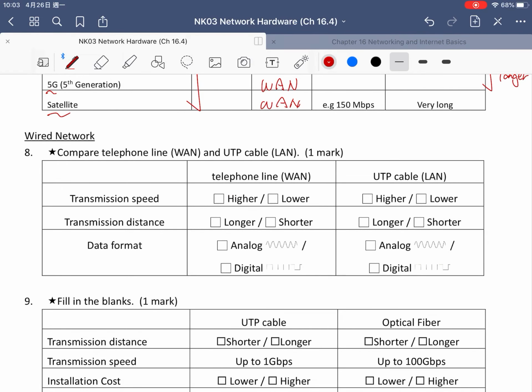For the wired network, we use the telephone line and UTP cable. On the telephone line, the speed is lower. UTP cable is higher. Distance, telephone line is longer. UTP cable is shorter. And for the telephone line, the data is analog. For the UTP cable, it is digital.